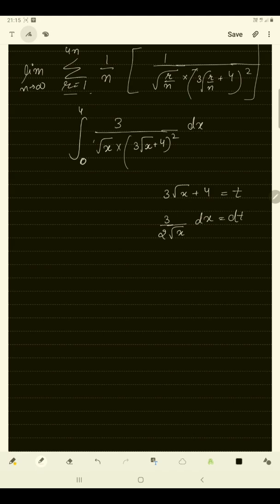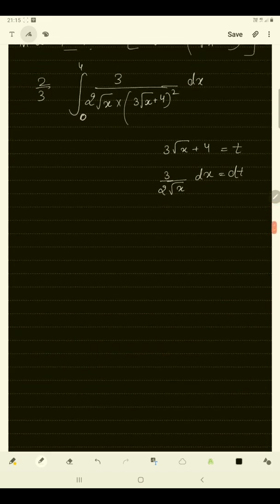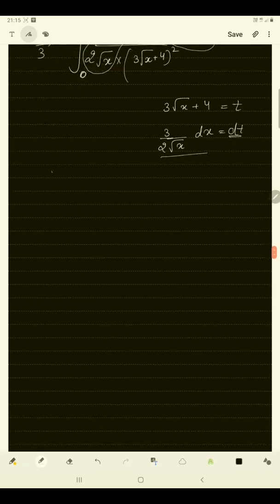Since these are constants, we can multiply them and their reciprocal out of the integration sign, so that these terms get cancelled, and we are not making any changes in the question. And now we can just take this as dt. So we have 2 by 3 dt upon t square.